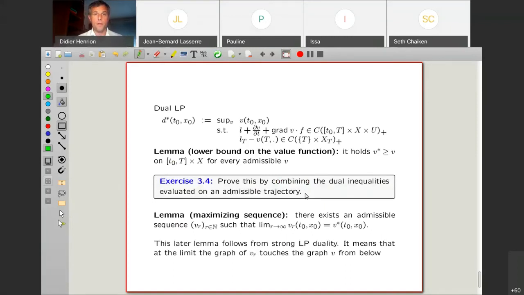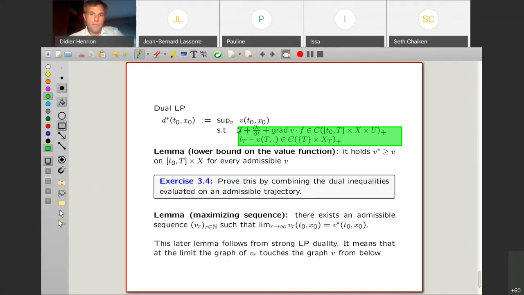This is the third step of the strategy. First, it's rather easy. It's an exercise for you to prove that for every dual admissible function v, so function v satisfying these two inequalities, where this just means that it must be positive on the support here, then every admissible function is a lower bound on the value function. So it's a lower bound which is valid everywhere.